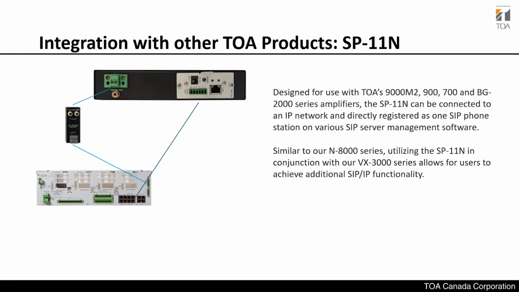A much simpler application is if you have the SP11N, TOA's SIP module. Since it's just a regular contact output, you can tie the audio coming out from the SP11N to the VX3000 via a balanced to unbalanced converter, and then send the contacts to the VX3000 input, and now you have a SIP-based system.